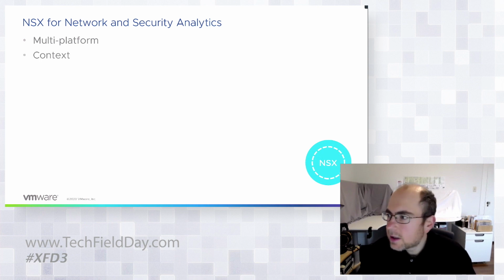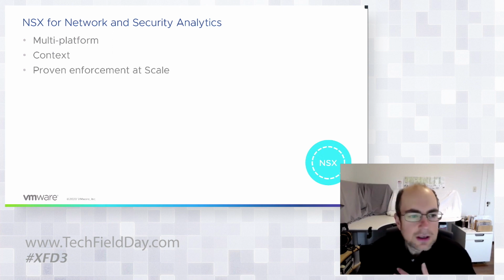With our distributed data plane, we have unique context about workloads, right? We're inline for every single flow across the network, and have deep packet inspection. We can go into the workload using our guest introspection channel to get user, process, and application level visibility, as you've already seen, right?